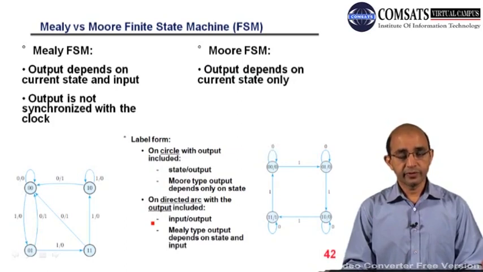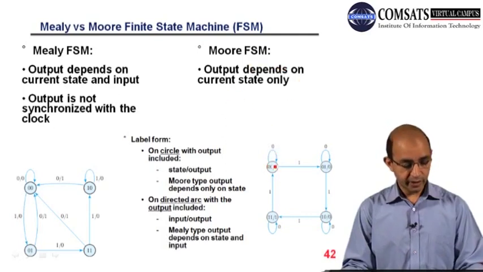We have two types of finite state machines. First is the Moore model, or the second one is the Mealy model. In the Mealy model, output depends on the current state and the input. And in the Moore model, on the other side, output depends only on the current state.